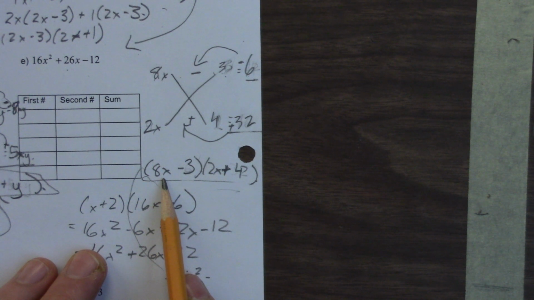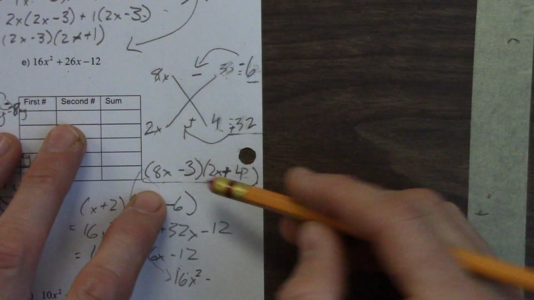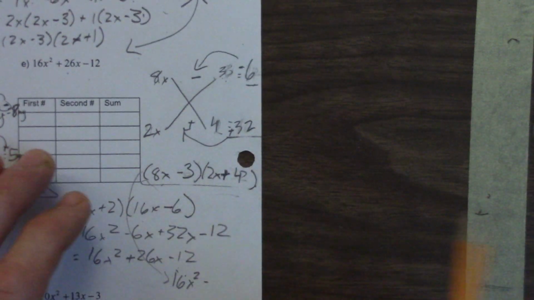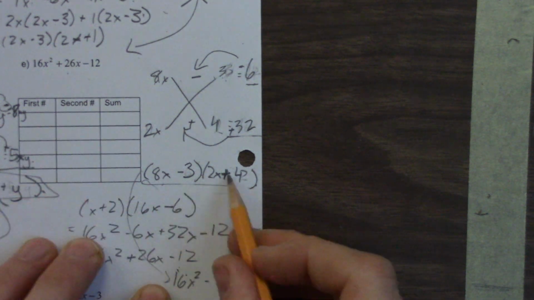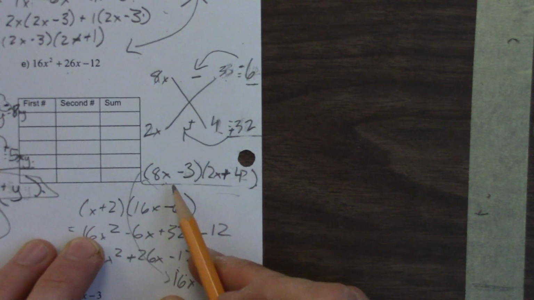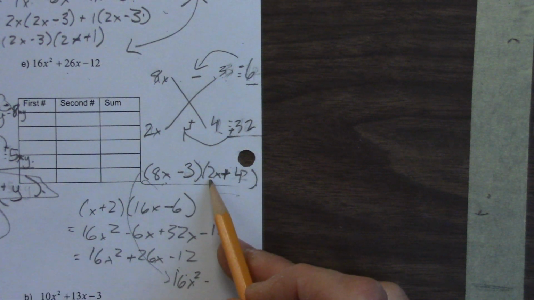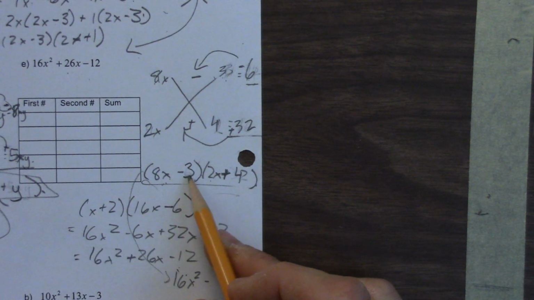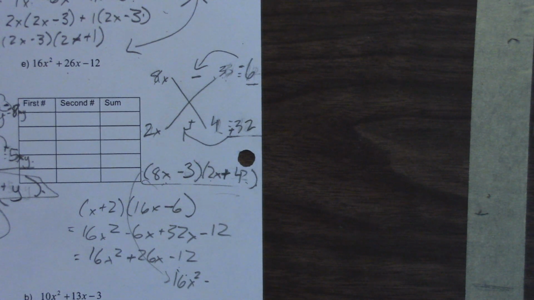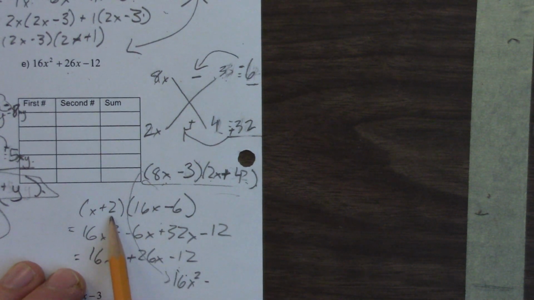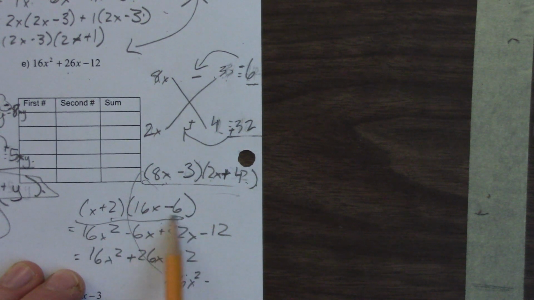Yeah, I think so. So now we have 16x squared plus 32x minus 6x, that works, and minus 12, it's the same. The reason yours is not the same, Douglas, is you didn't factor fully. See how you have 16 and 6?